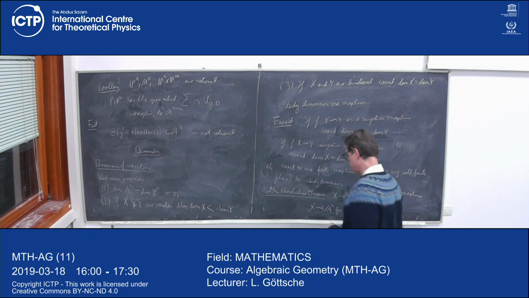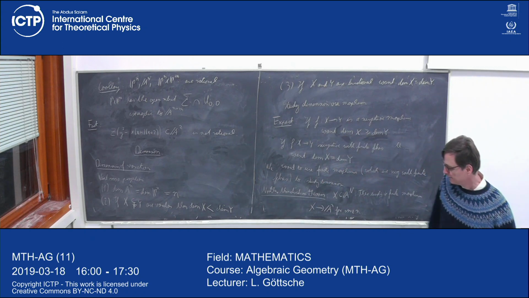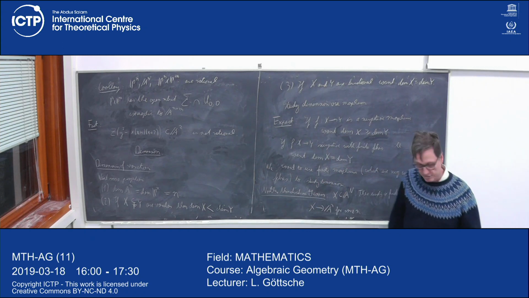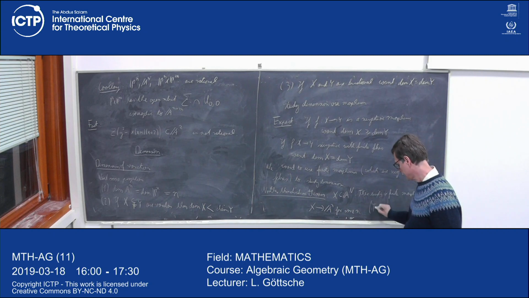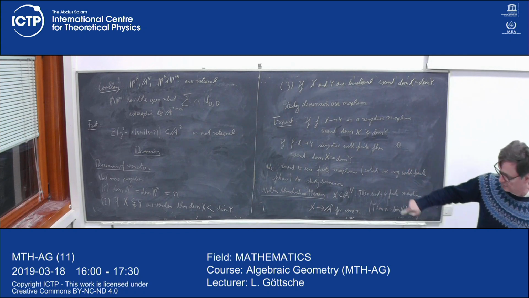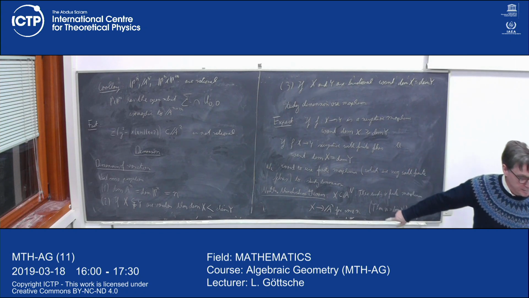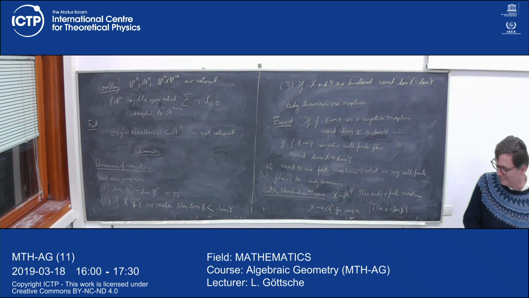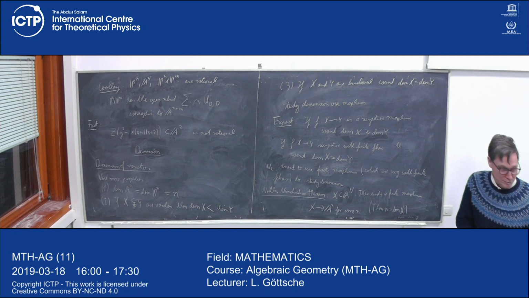And by what I just said, n will then be the dimension of X. So this will allow us to reduce our study of dimensions to affine spaces, and so this is part of the program.